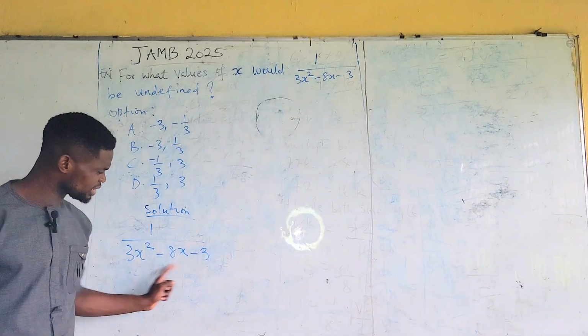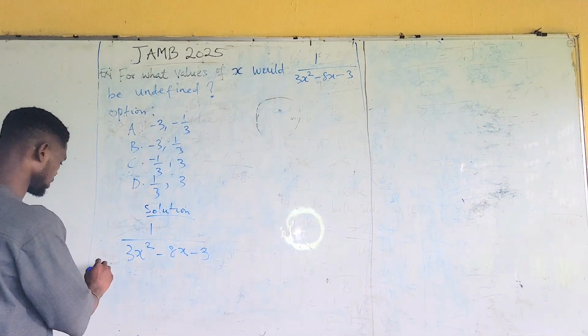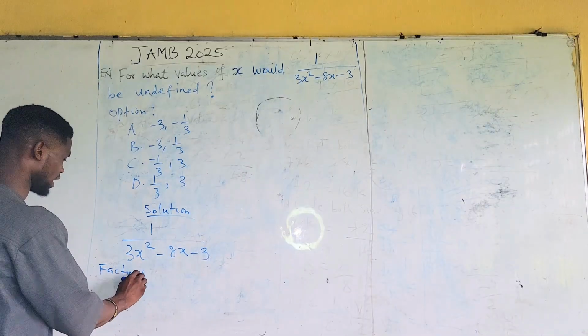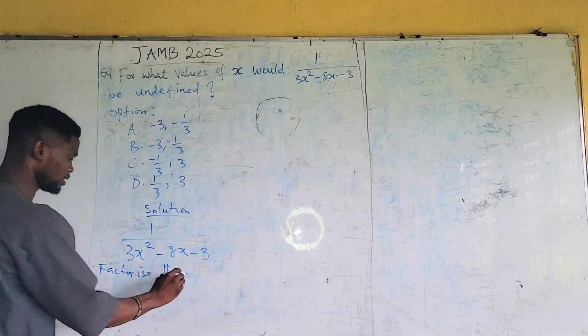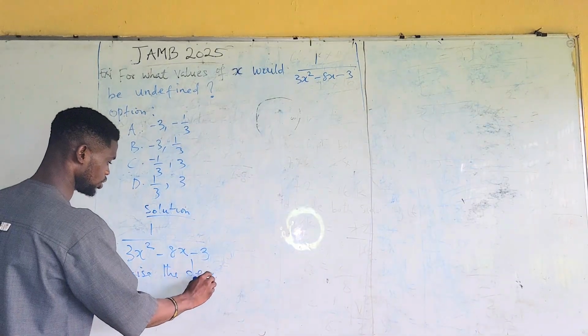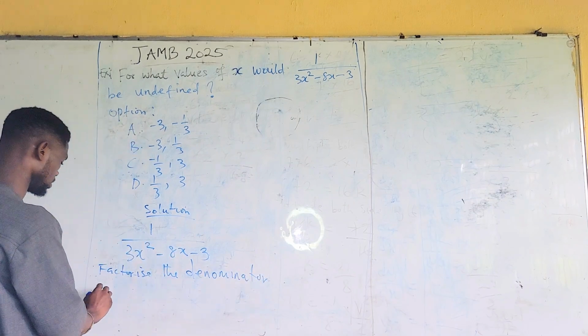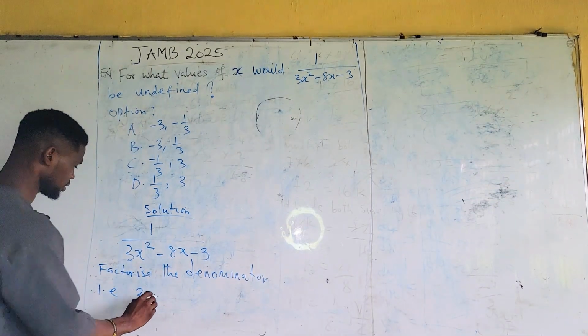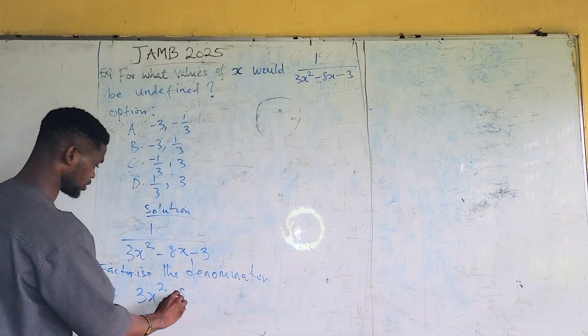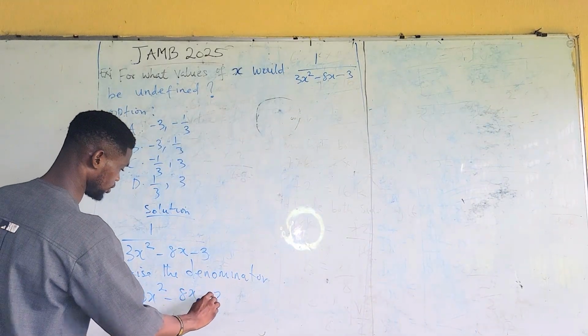So let's work on this denominator. Factorize the denominator, that is 3x squared minus 8x minus 3.